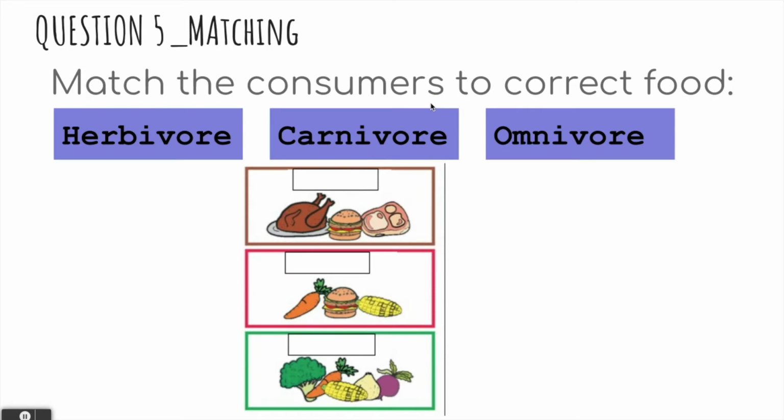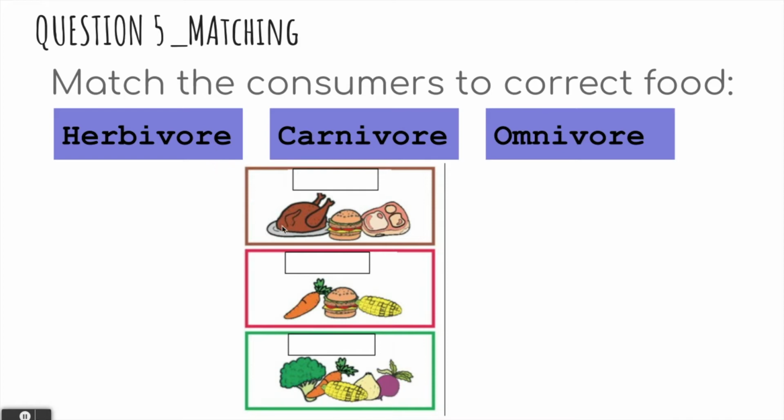Question 5 is asking us to match the consumer to the correct food. The 3 types of consumers are herbivores, carnivores, and omnivores. Let's match these consumers to the food that they like to eat. Let's start with herbivores. Answer on Edpuzzle, what food would an herbivore like to eat?